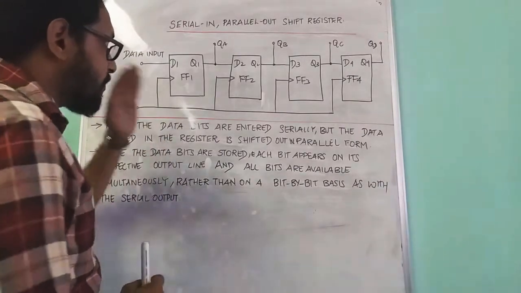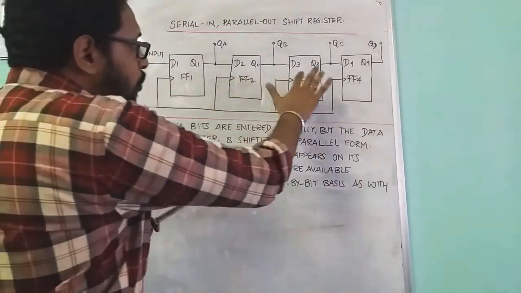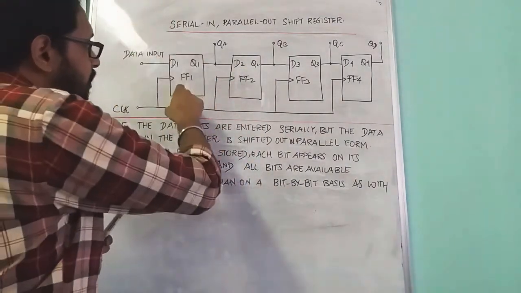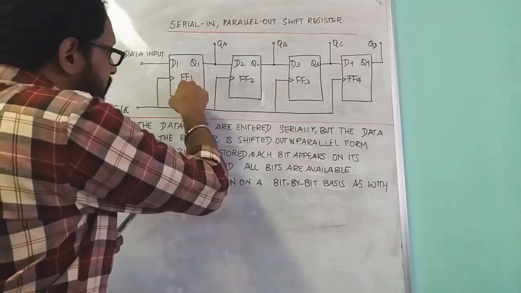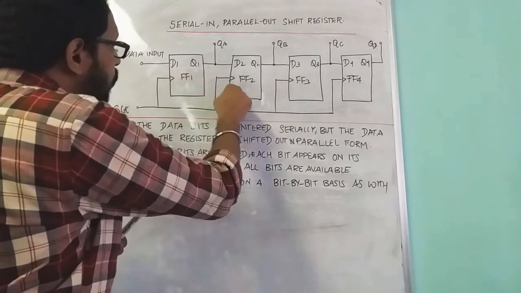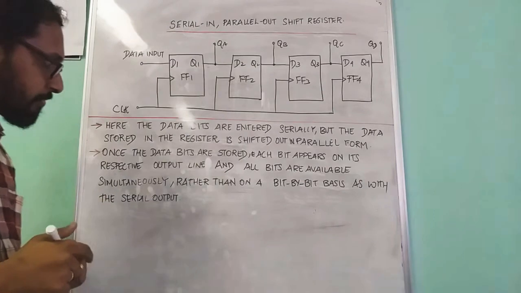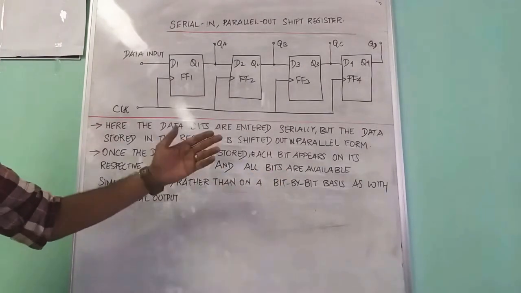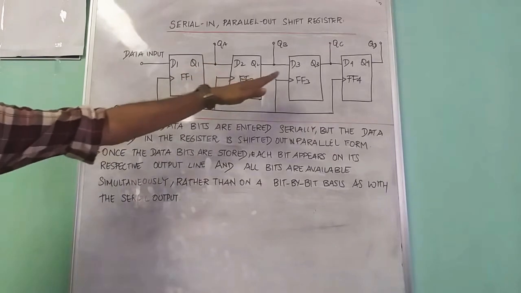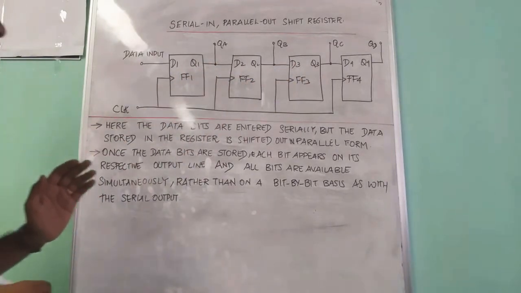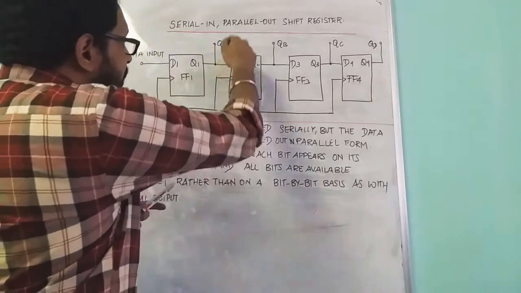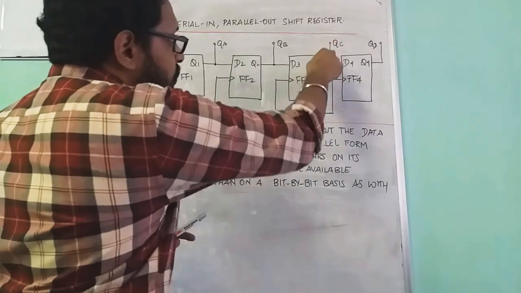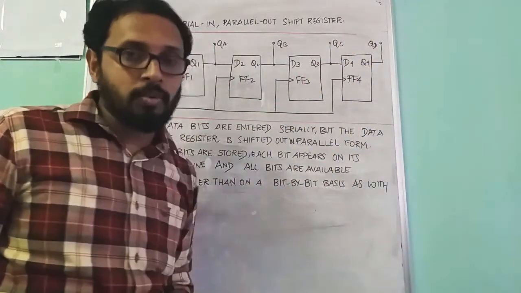First of all, we need to fill all these flip flops with four clock pulses, so the serial data will be stored in all of them. Then we have a parallel connection: QA from the first flip flop, QB from the second, QC from the third, and QD from the fourth one.